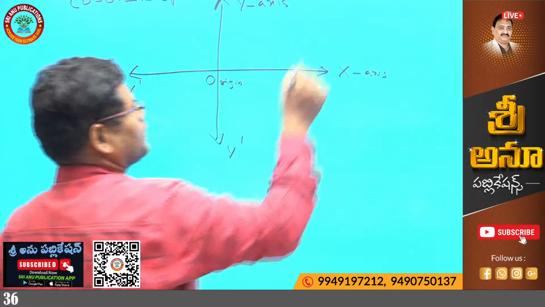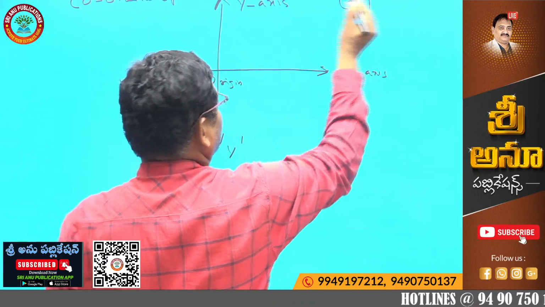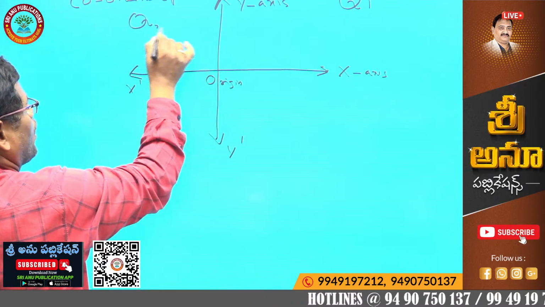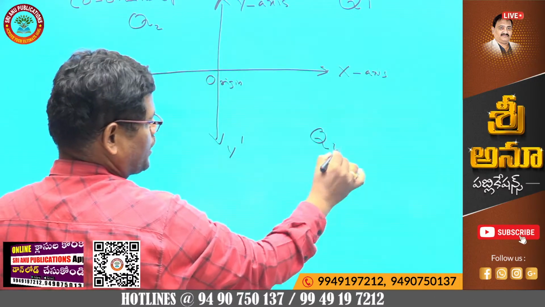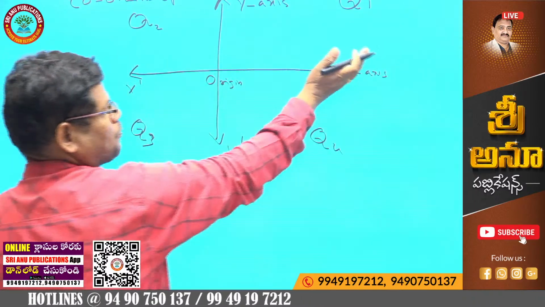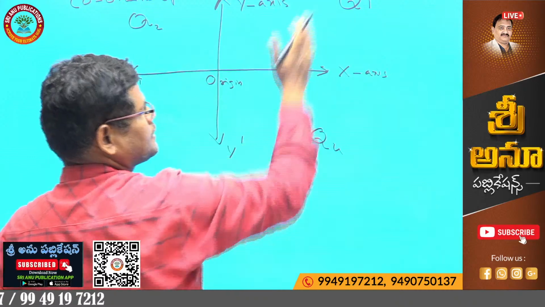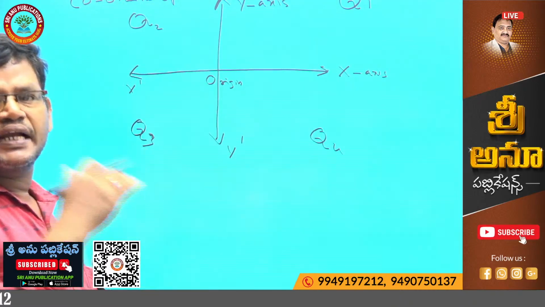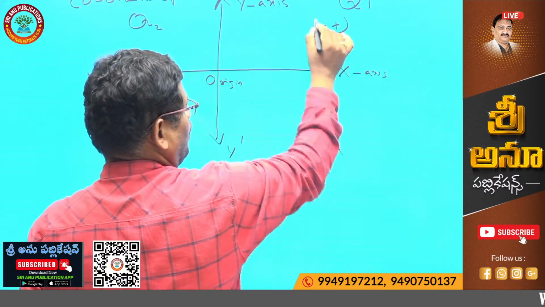Your total 4 quadrants are there: quadrant 1, quadrant 2, quadrant 3 and quadrant 4. In quadrant 1, x is positive and y is positive. So all the points above the x-axis and right side of the y-axis will be positive.